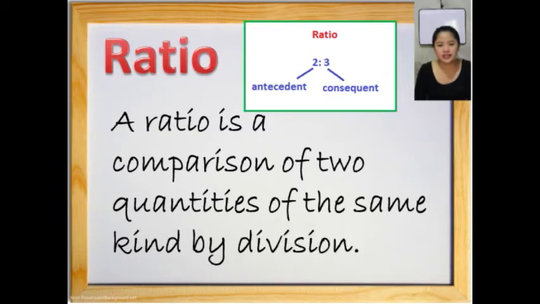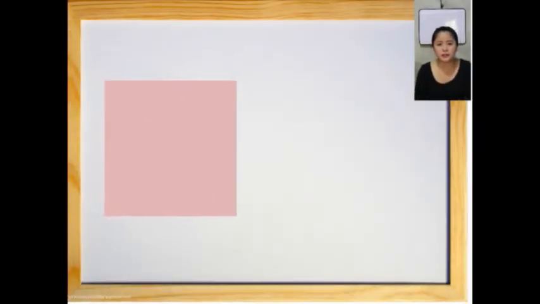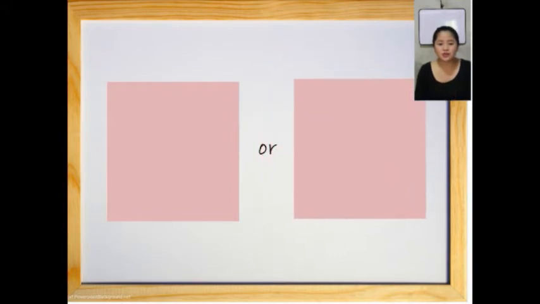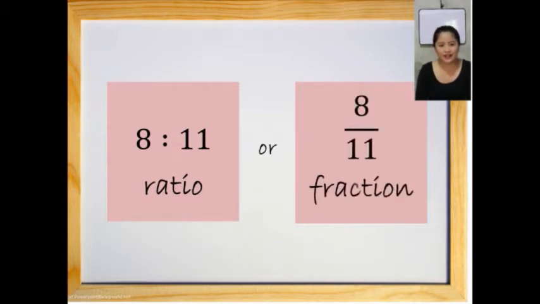So, let's give an example. For example, in ABM 11-3P, they have 8 girls and 11 boys. Now, we are asked to find the relationship between girls and boys. So, we can write that as 8 is to 11, or we can write it in fraction form as 8 over 11.